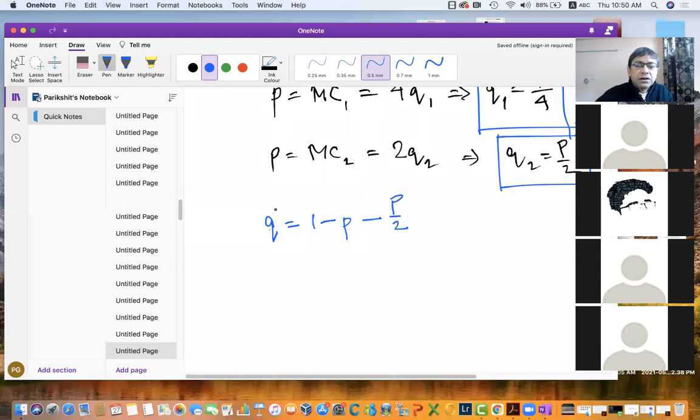So this is the residual demand for firm 1. So what is firm 1's problem then? This is how much firm 1 can sell. So what is firm 1's problem? It is to maximize.